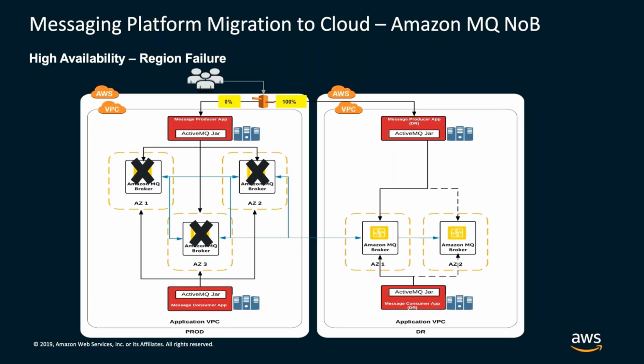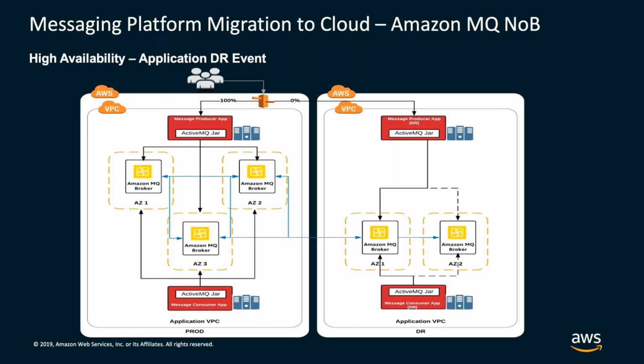Now let's take a look at the other high availability scenario. For example, your region is not going down, but what if your application has a DR event? What if the database which is linked to your application goes down? And this consumer application in this diagram has a DR event. Now you have to flip over the consumer application on DR side, but your message producer application is still in your prod region.